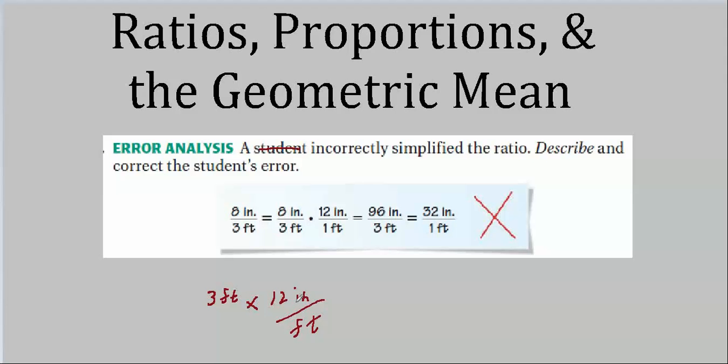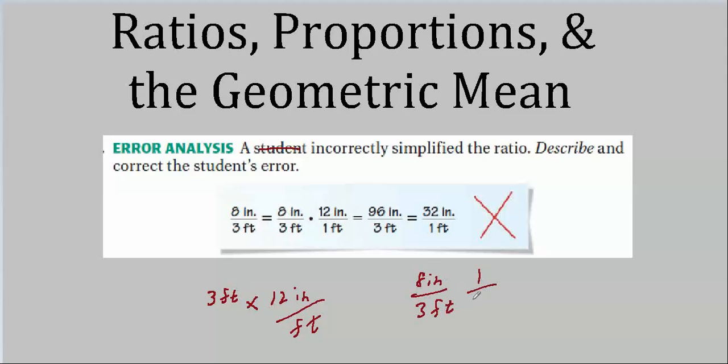What was the mistake here? Well, he tried to multiply this entire ratio by 12 inches per foot. That's incorrect. If you're going to write this, then what you really have to do is write it out this way. 8 inches times 1 over, because this is the part that you multiply by 12 inches over 1 foot.